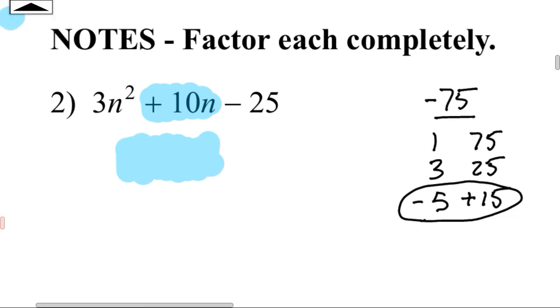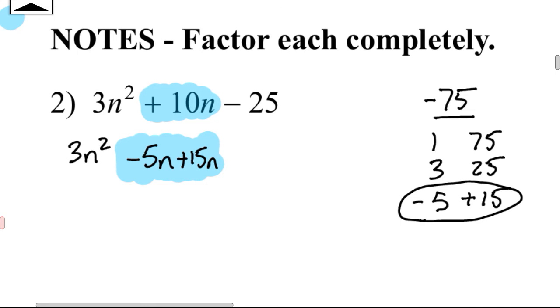Now it's not negative 5 and positive 15, it's negative 5n, and then plus 15n. Did I really change this at all? Does blue equal blue? Yep, 15n's take away 5n's is 10n. So I didn't change this at all. I'm just changing the way it looks. So I'm going to bring everything else down. 3n squared comes down, negative 25 comes down.